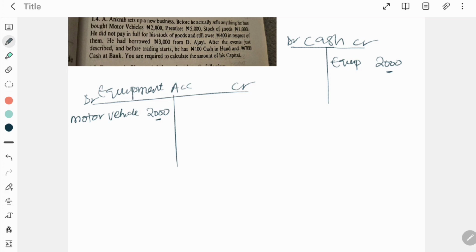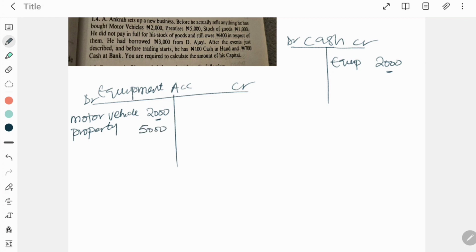So the next instruction is that premises were purchased. They also bought a property costing 5,000 naira, and we know property is also an asset. So what we're going to do is debit property. How much is it? 5,000 naira.